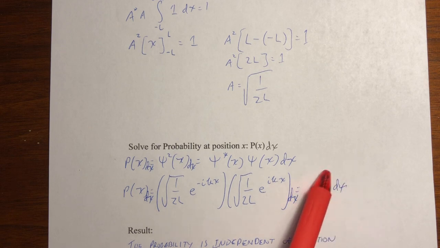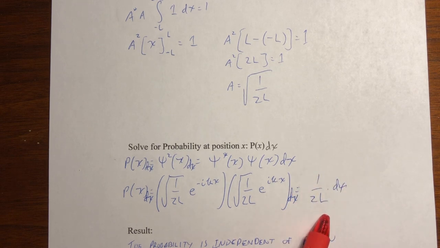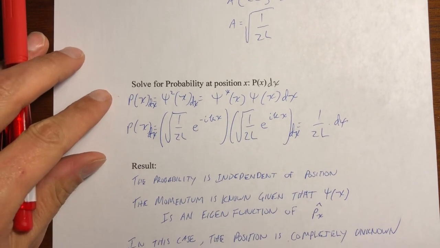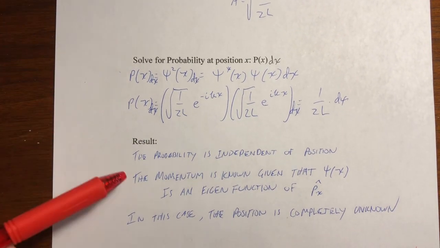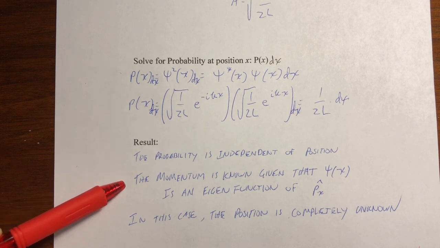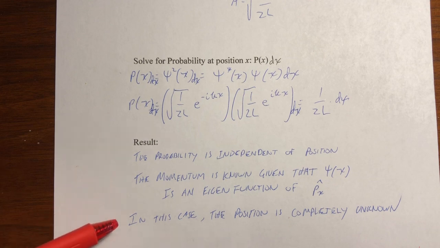So we do not know the position precisely. We say that there's a small amount of x divided by 2L. This is not a precise value. The result being that the probability is independent of position. The momentum is known, given that psi of x is an eigenfunction of the momentum operator p, but in this case, the position is completely unknown.